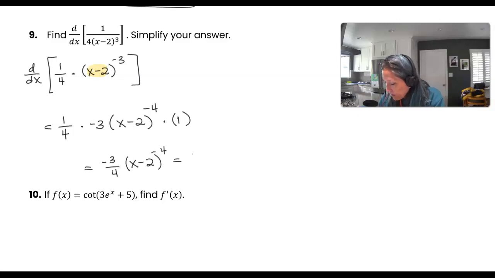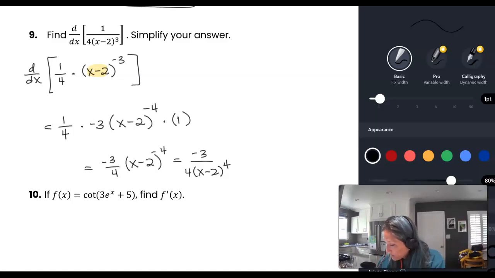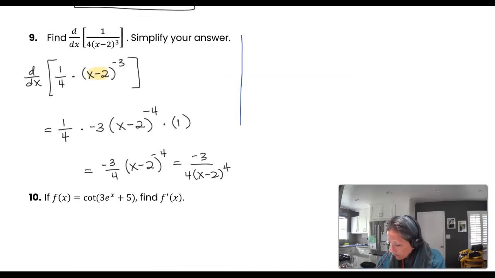And if we want to make it cute, it's negative 3 over 4 times this x minus 2 to the 4th. Now, if we had done this with the quotient rule, right? If we had not recognized that we could indeed power rule this after a little rewrite, then we would have been over here. Bloop.